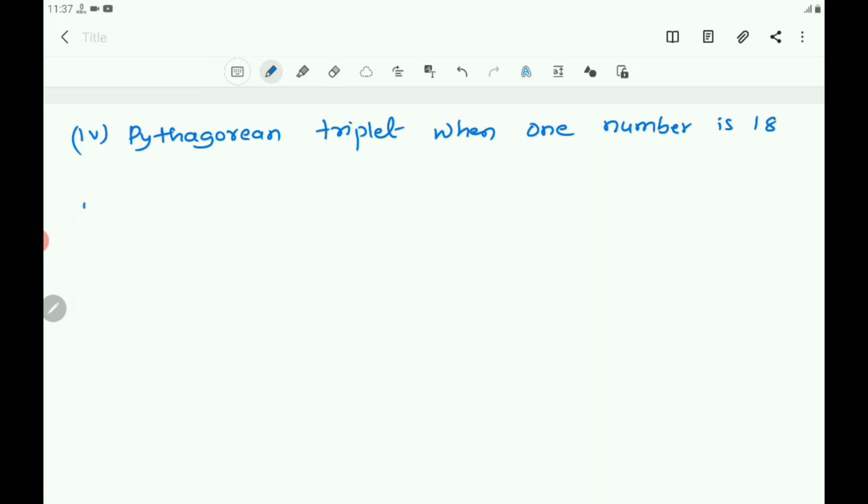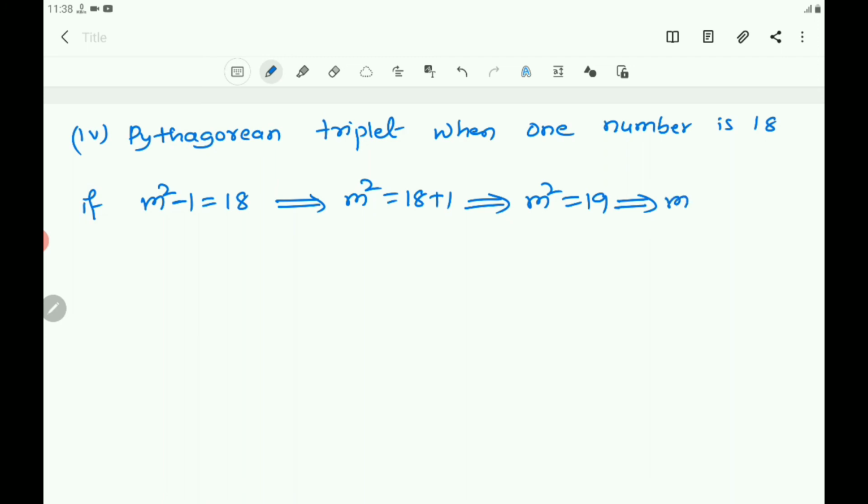So let us have, if m square minus 1 equals 18, that implies m square equals 18 plus 1. You transfer that minus 1 to the RHS. That implies m square equals 19. That implies m equals root 19, which is not an integer.